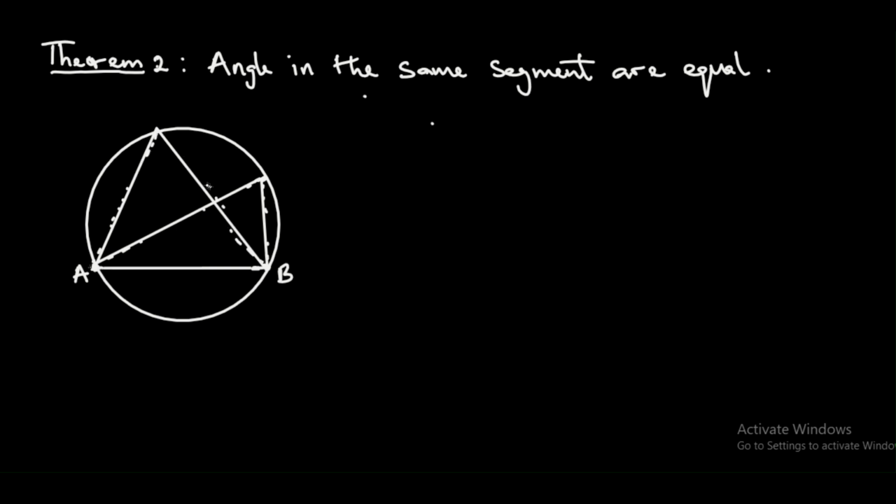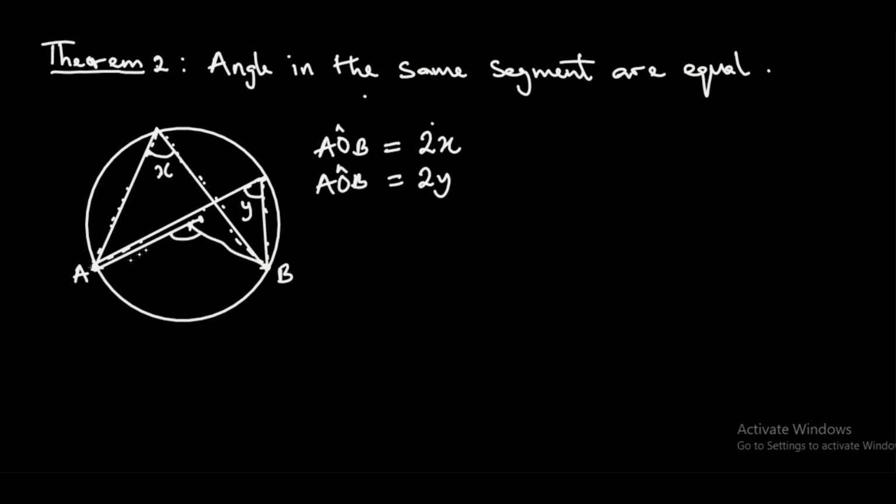You can see they both start from AB. From AB, you can see the x and the y there. They emanate from the tips of AB, both of them, and they are in the major segment. So we can see that x and y are angles in the same segment.